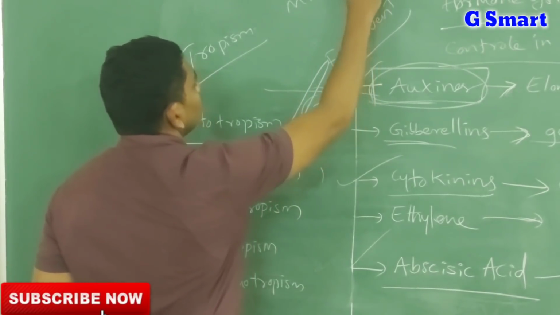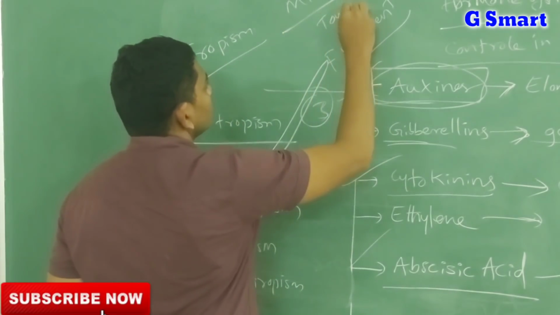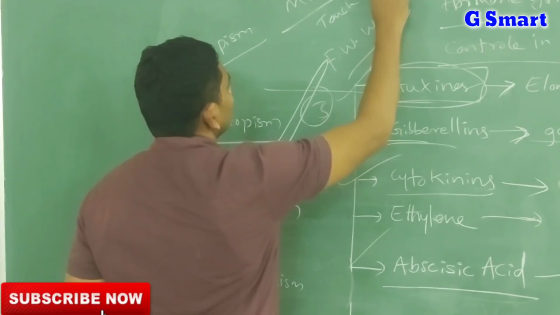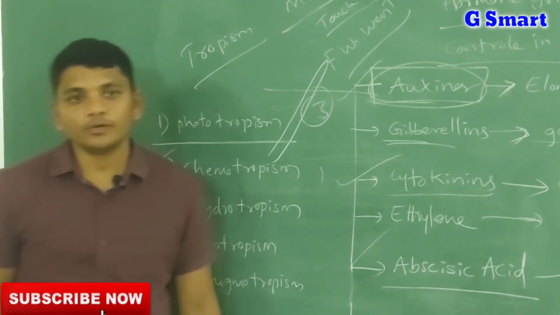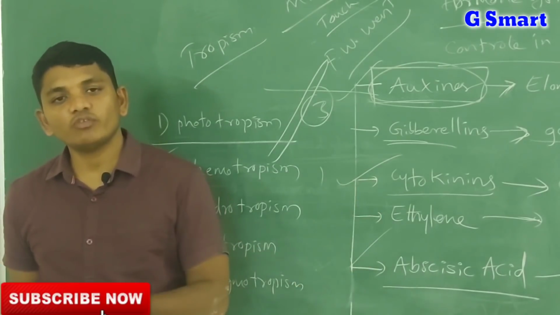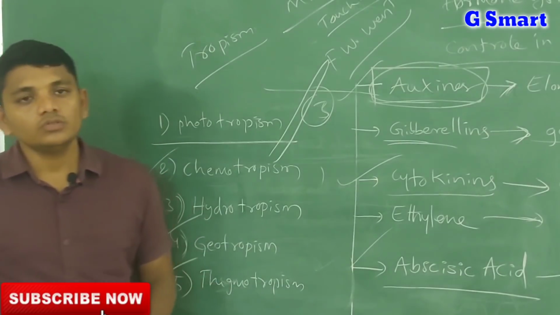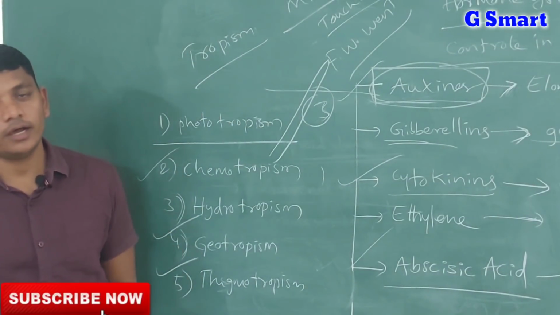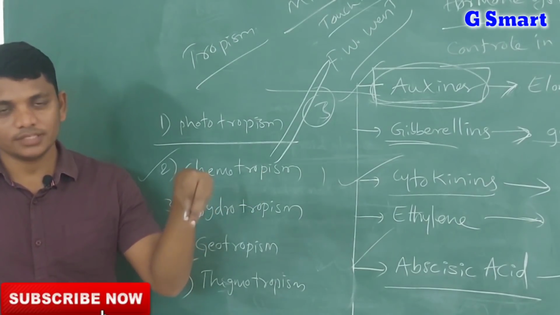And one more important bit from this lesson is Mimosa pudica, or touch-me-not. The touch-me-not plant, Mimosa pudica, shows what type of movement? When you touch that plant, it immediately folds its branches like this.